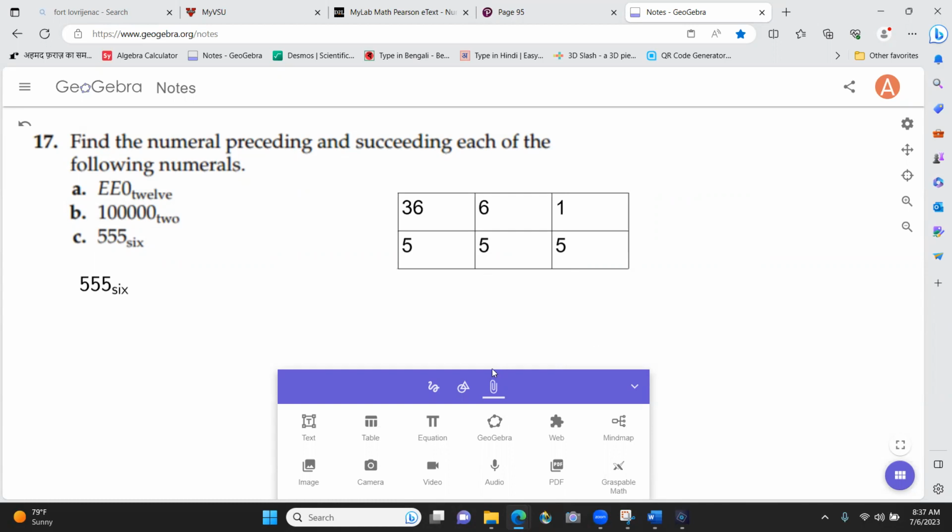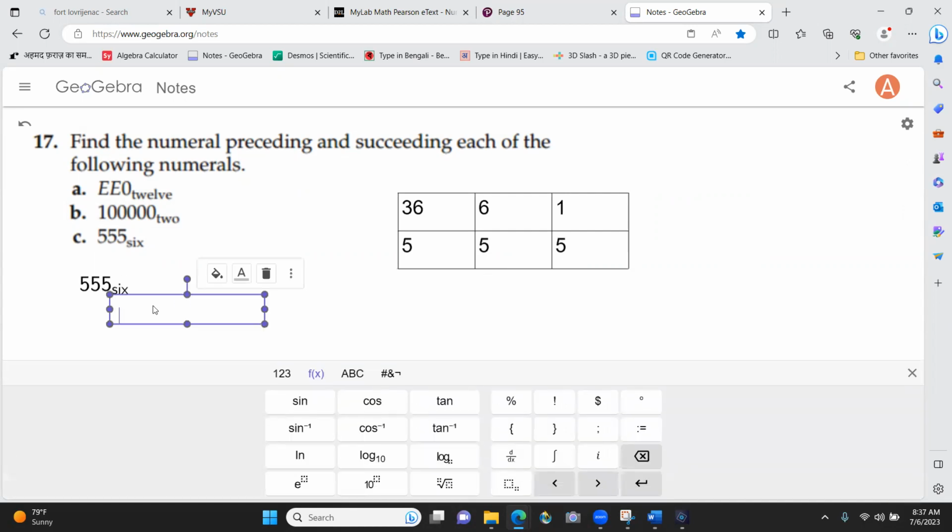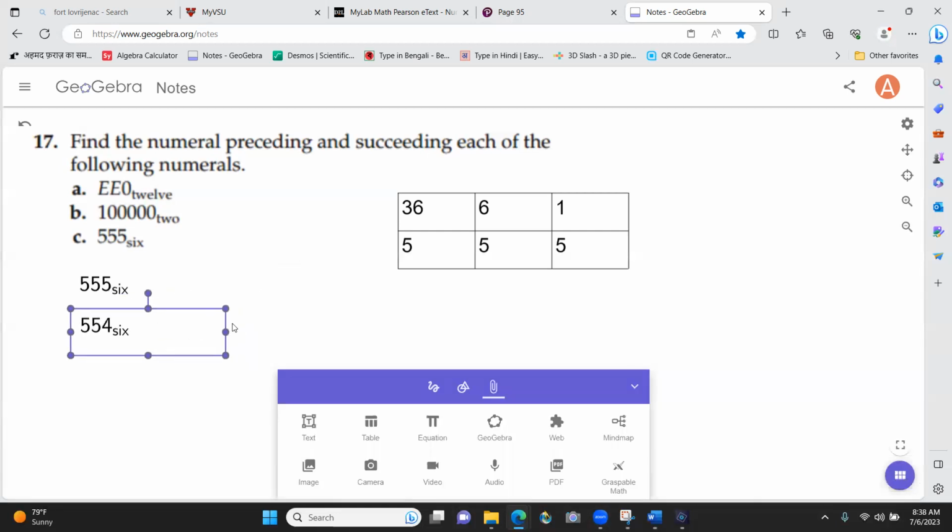Okay. So I'm going to say one less is, in base 6, of course, 5, 5, 4 in base 6.